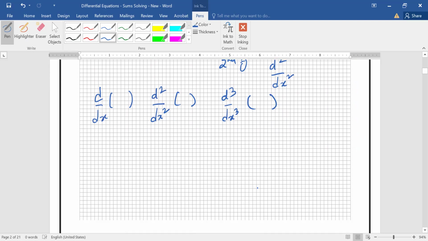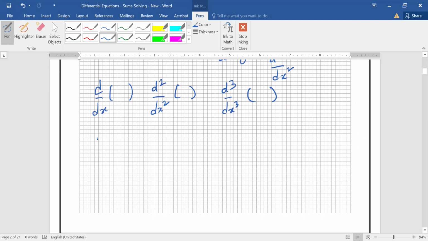To be more specific, suppose y is the dependent variable and x is the independent variable. Then how do we write the derivatives?